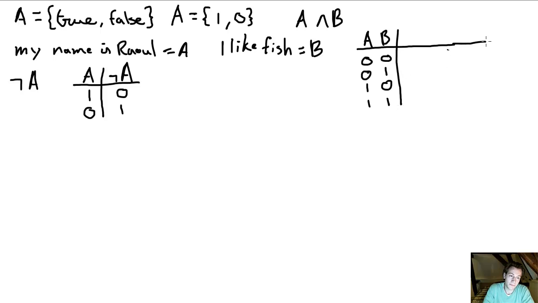So, what does A and B mean? A and B means that if A is true and if B is true, then this whole statement is true. Otherwise, it's false.